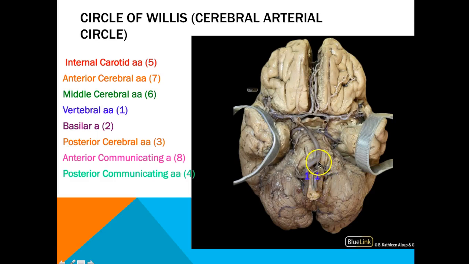So we find them converging here, and the word we use for that is anastomose. So these two arteries are anastomosing and becoming one vessel, one artery, and that overlies the inferior surface of the pons here. That is known as your basilar artery.